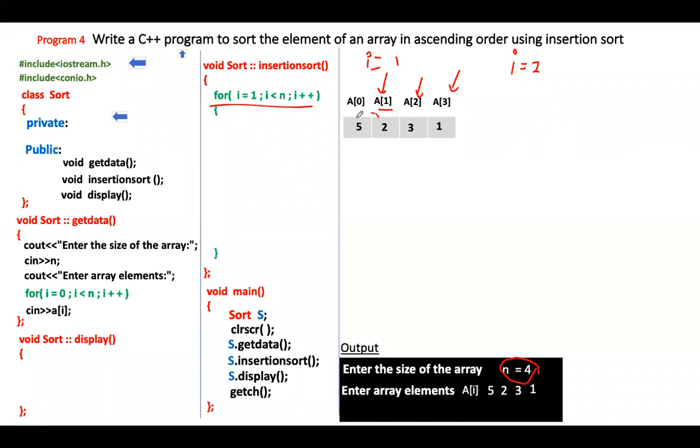See, first iteration 2 to 5, that is why I wrote I is 1. Next sort, I is equal to 2, from 3 to 2 and 2 to 3. Then I is equal to 3. Third sort, it will start from the third location to this, and second location to third. That is why we use a for loop. The for loop will start from 1, this position, and go up to the third position. So 3 iterations.